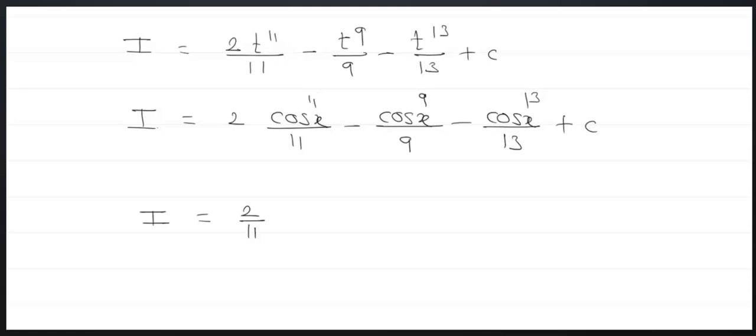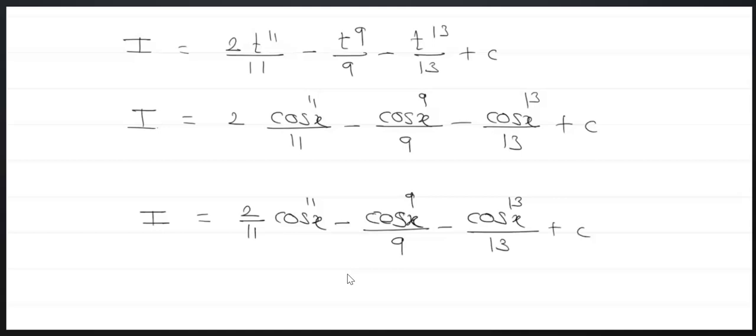Therefore I is equal to 2 upon 11 cos of x raised to 11 minus cos of x raised to 9 upon 9 minus cos of x raised to 13 upon 13 plus c.